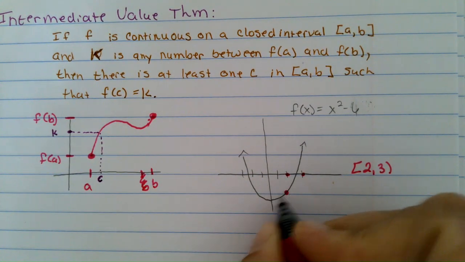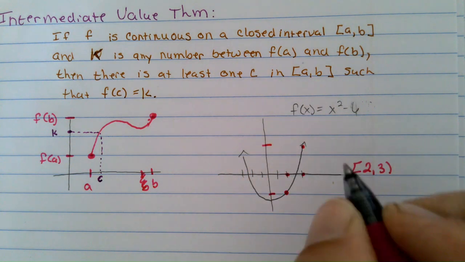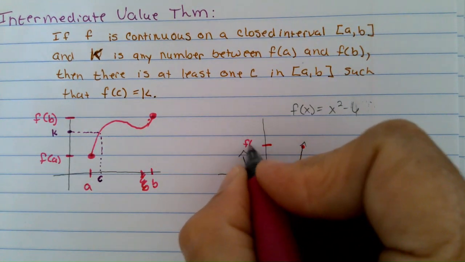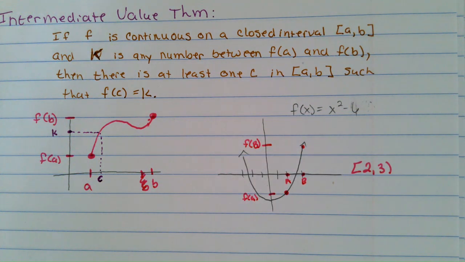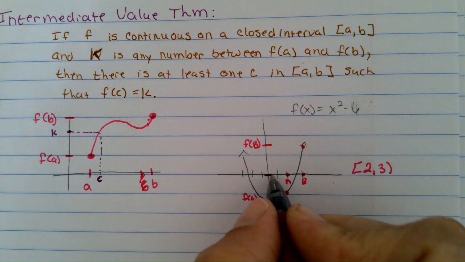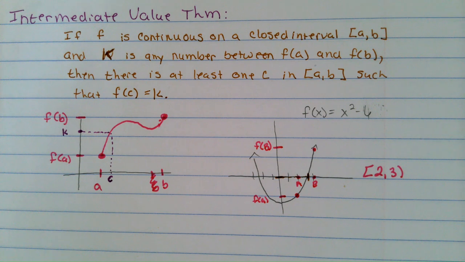So here's our f of A, and here's our f of B. And I want to pick a K value of 0 because it's between there. Hey, a 0 exists, right? That's when you've used the intermediate value theorem. You've used it to say, hey, because f of A is below 0 and f of B is above 0 and it's a closed interval, we have to have a 0 in between.